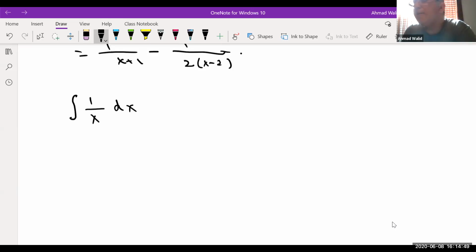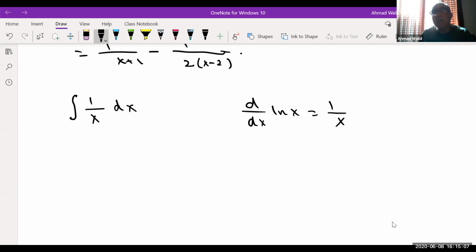I'm sure your professor in Calculus 1 explained to you that integration is the inverse process of derivatives, right? If I have d over dx of ln x, 1 over x, then the integral of 1 over x will give me ln x. Then that's our formula.